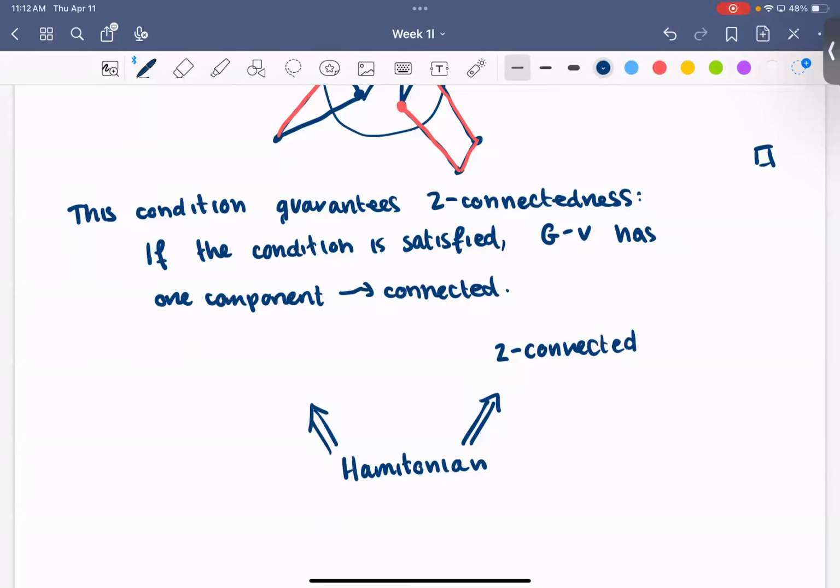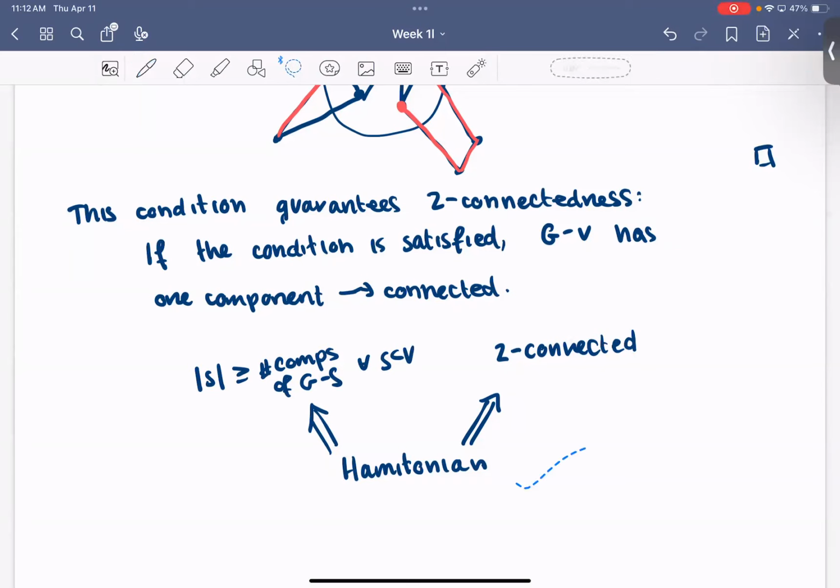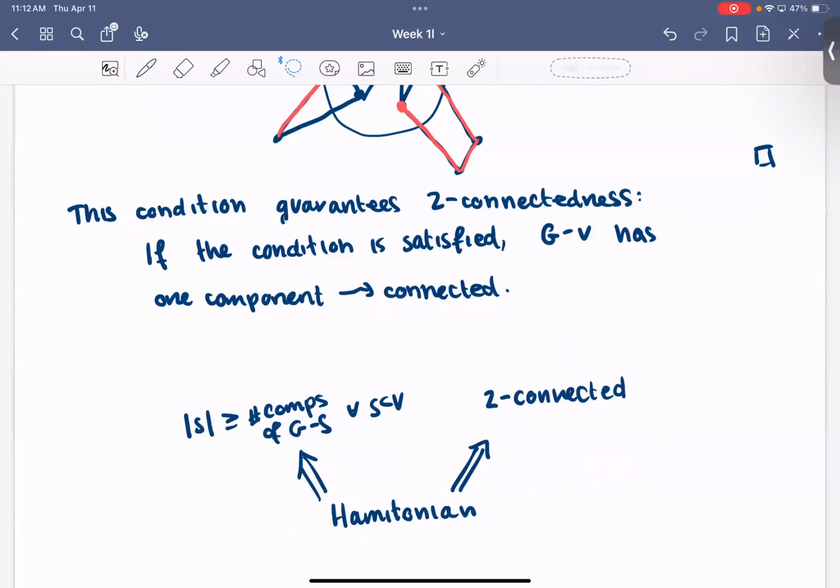The size of S is greater than or equal to the number of components of G minus S for all S subset of the vertices. So we have that Hamiltonian implies these two things, and also this condition implies two connected. This is the way the implications go.